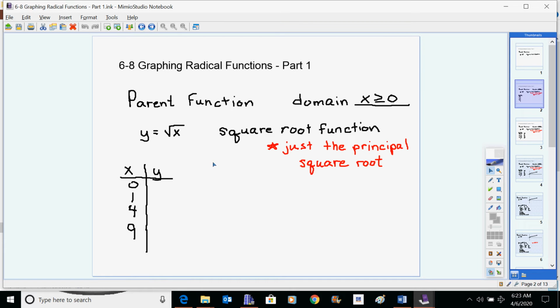For example, if I had a square root of a negative, unless I go into the imaginary numbers, it doesn't make sense. Since the negatives don't work, all the x values have to be positive. In math, the way we say that is x is greater than or equal to 0.